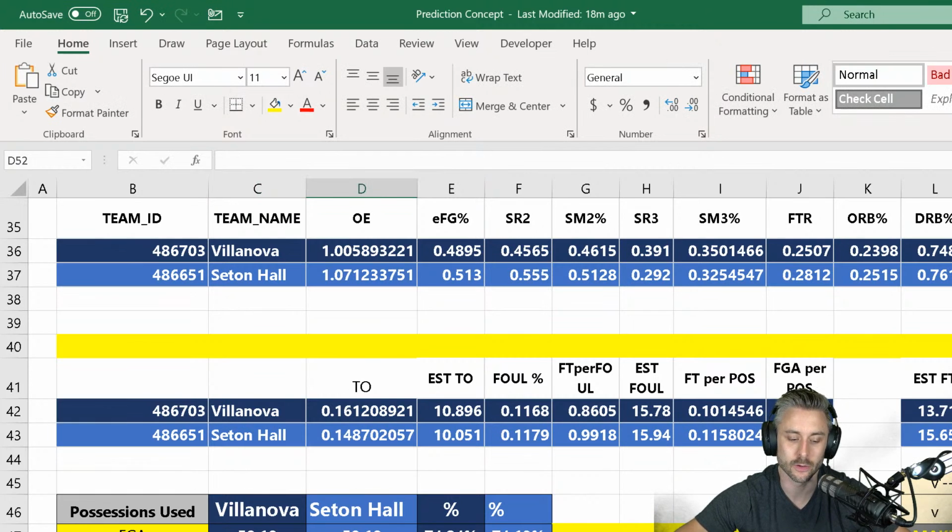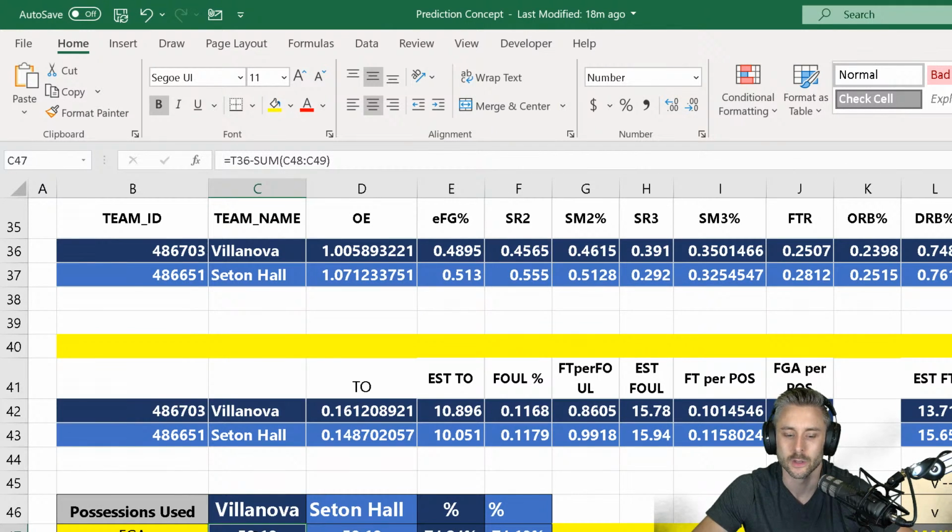So now that we know the value of a free throw in terms of possessions, and turnovers, we can take the estimated tempo and subtract this from it, and we get the estimated number of possessions where a field goal attempt used up the possession. Now you're probably wondering, why does this number not equal the field goal attempts for the game? Well, offensive rebounds. So now we can start doing the flow chart.